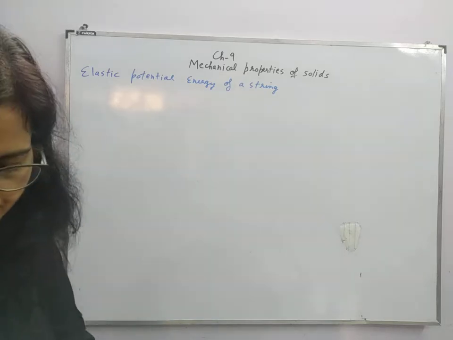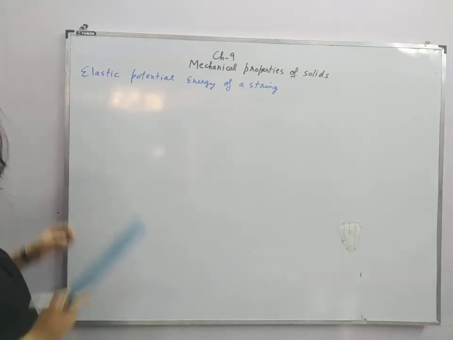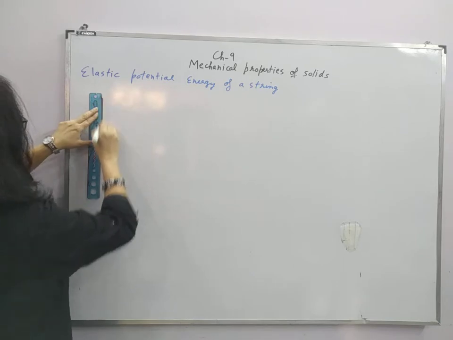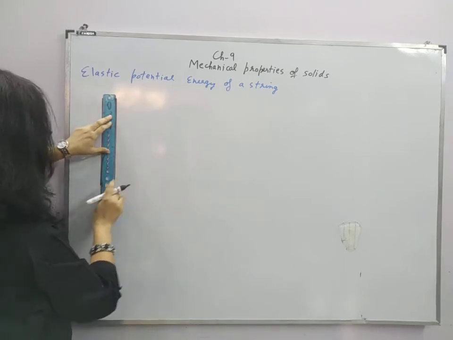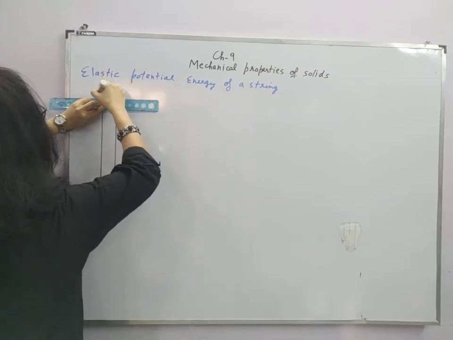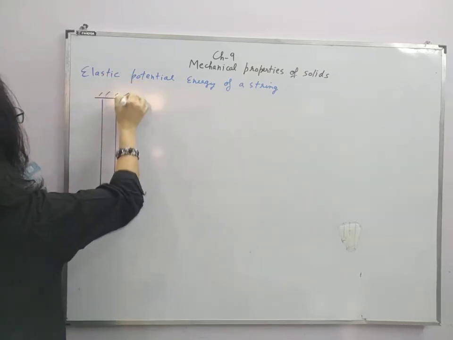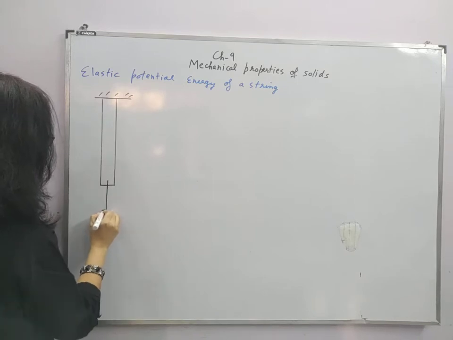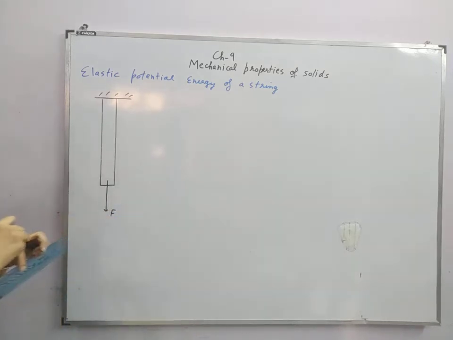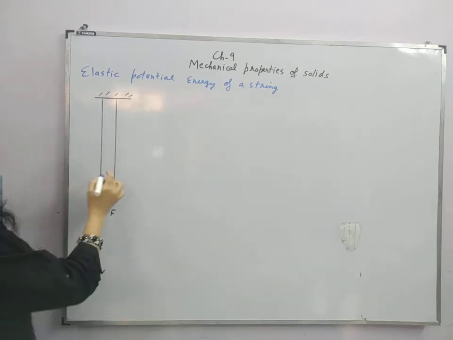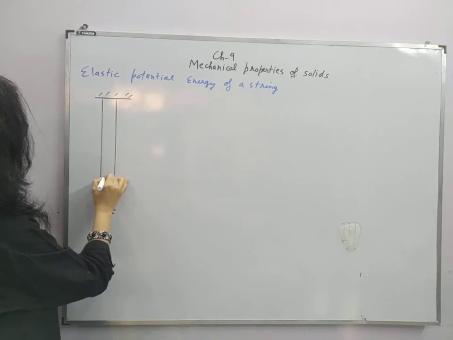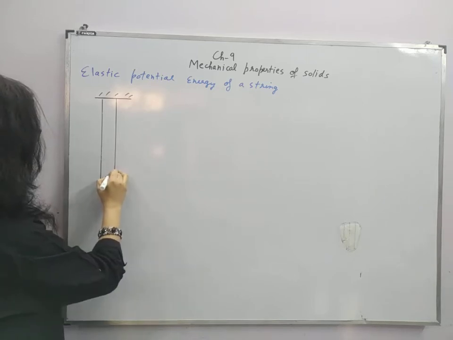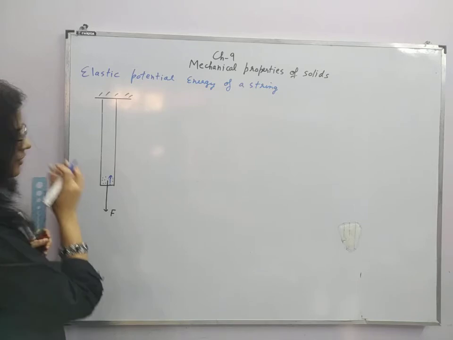So if we consider a string or a wire fixed at the support, if F is the deforming force applied on it, you know that the particles will start developing the restoring forces.